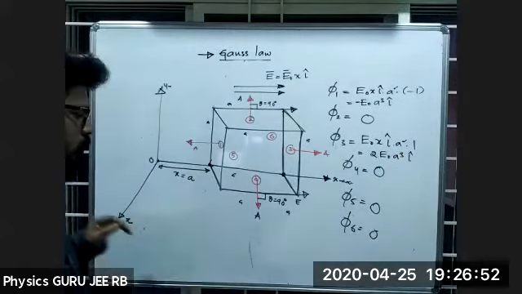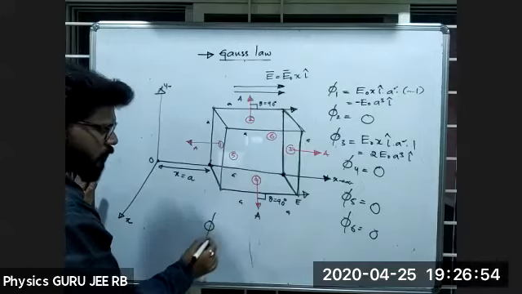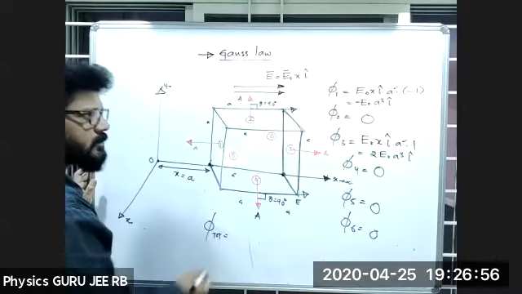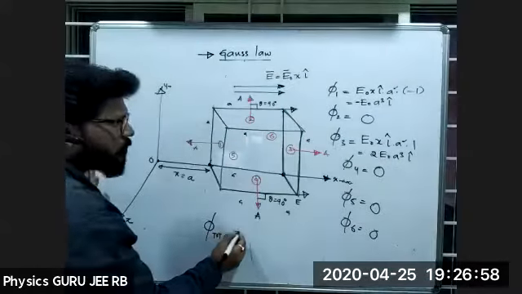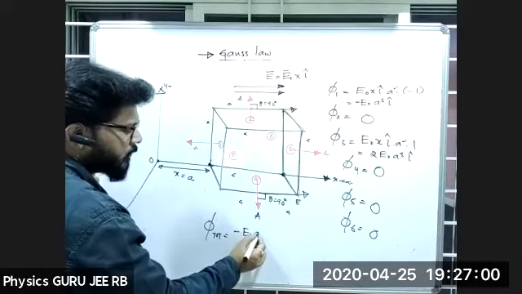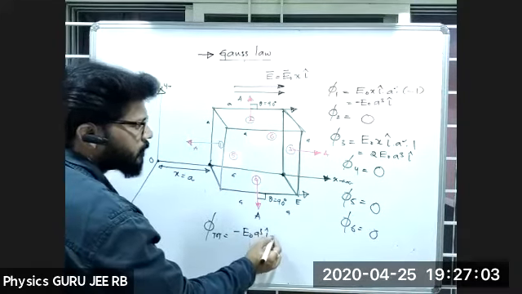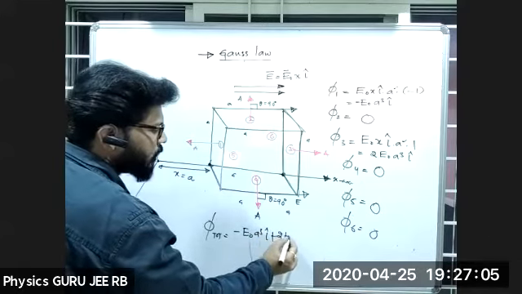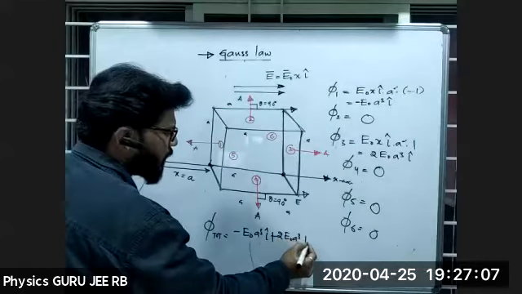If I want the total flux through the surface, the remaining are all 0: minus E naught a cube I cap plus 2 E naught a cube I cap.